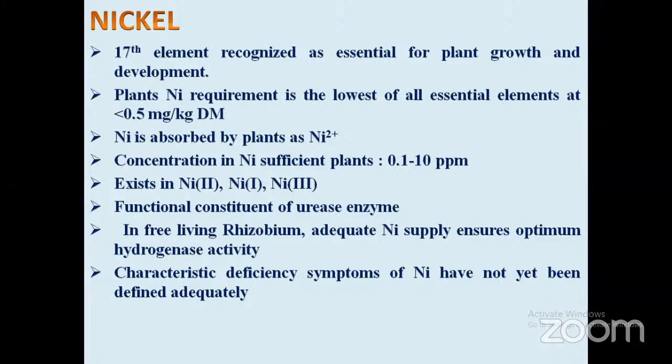So if nickel is deficient and we apply urea as the nitrogen source, there will be urea toxicity and severe necrosis of the root tips. Making sense to all of you? Yes.